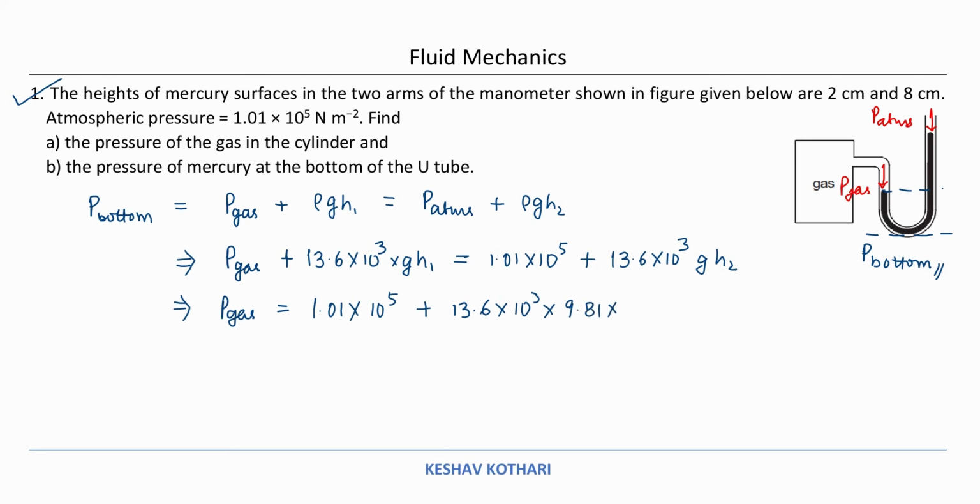Here h2 minus h1 involves the two heights, 2 and 8 centimeter respectively.